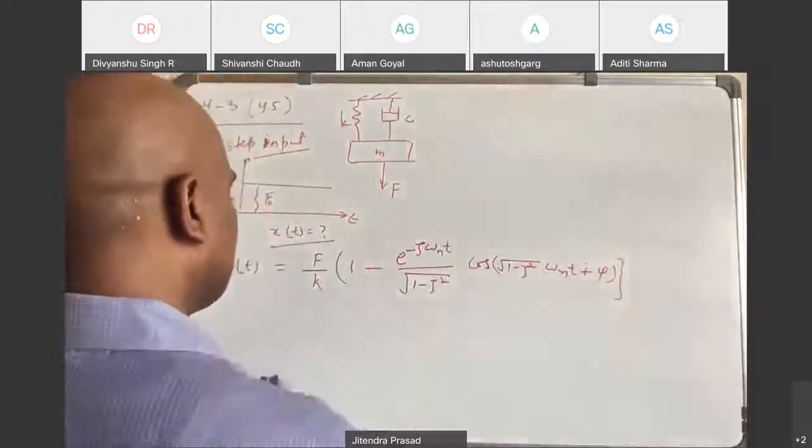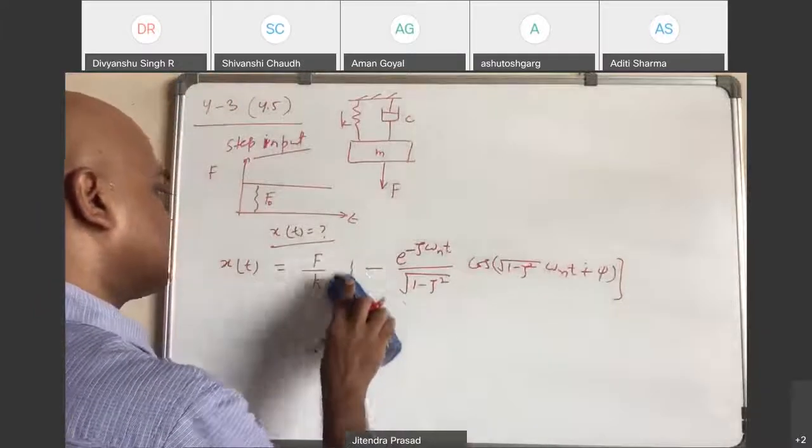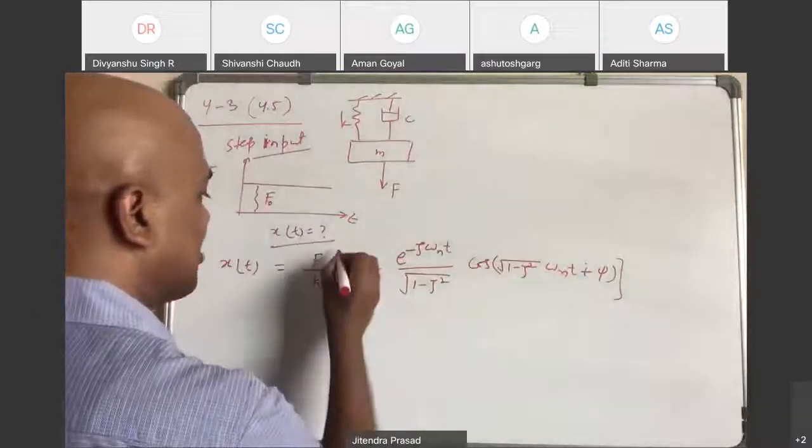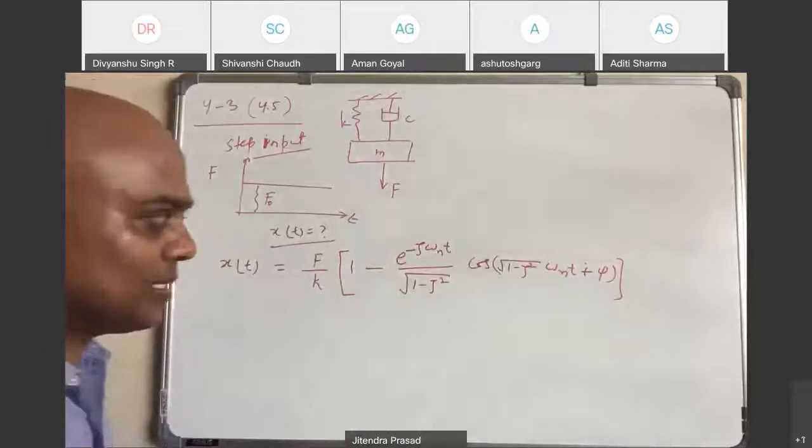This is how x will be. We have derived it already in one of the lectures. You can look at it, or see it in the book.